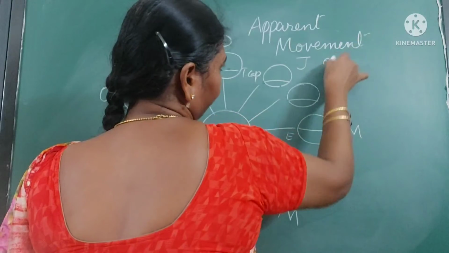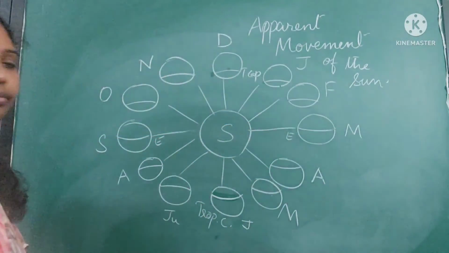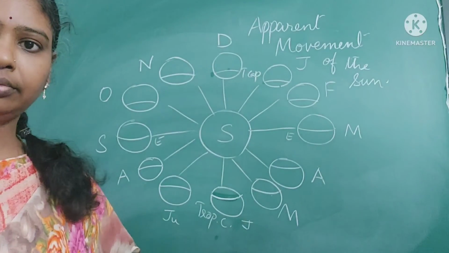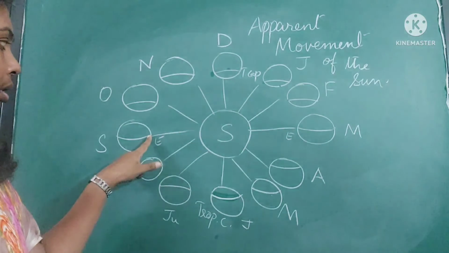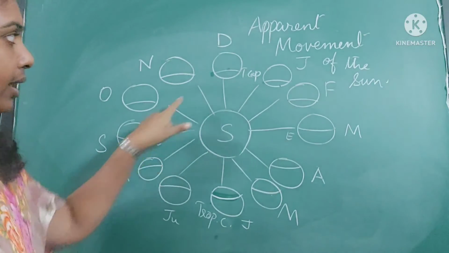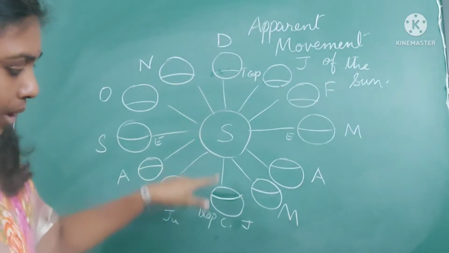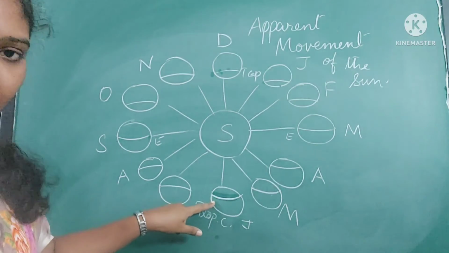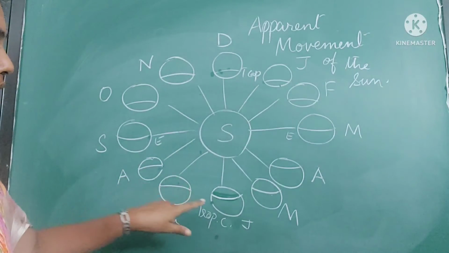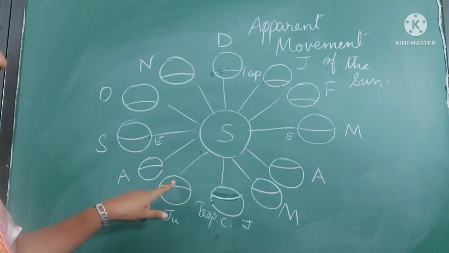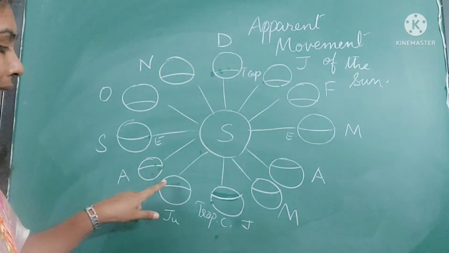Here we can see two exact positions on the equator, one exact position on the Tropic of Capricorn, one exact position on the Tropic of Cancer, and as it moves from Tropic of Cancer to the equator, the movement on different latitudes.